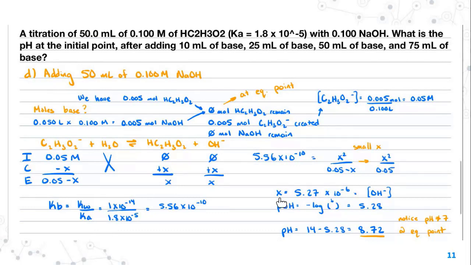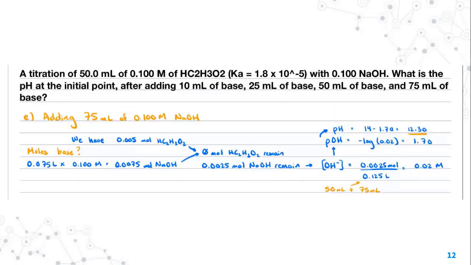After doing the math, x comes out to be this value, which corresponds to our OH minus concentration. From there, you do negative log of that value to get the pOH, and then 14 minus that gives you your pH. Notice that this value is not 7. We're at the equivalence point, but our pH is not 7. It's greater than 7.